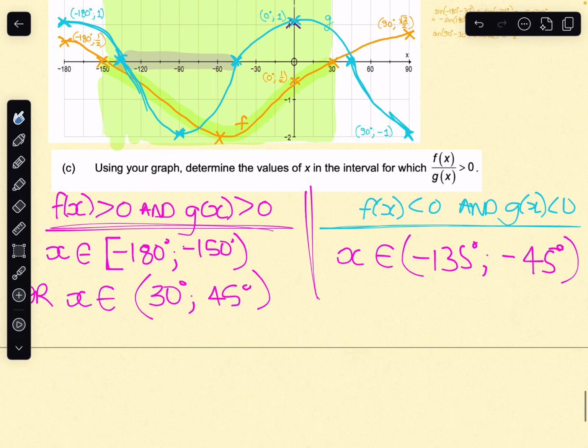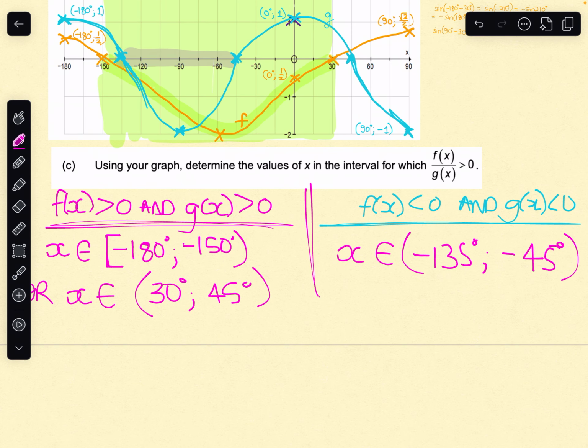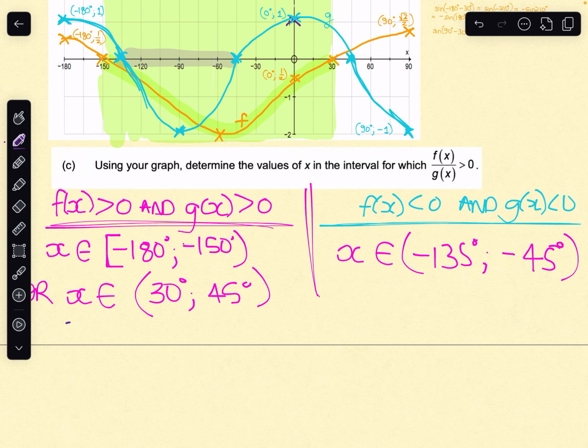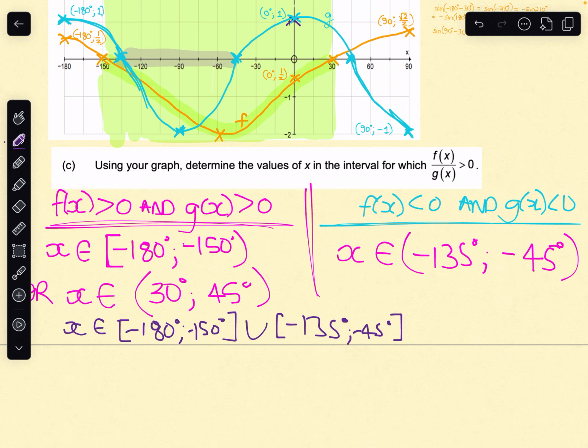They do write this in the nice fancy way, which I also would recommend. So you would say that x is an element of minus 180 to minus 150 union minus 135 to minus 45. Oh, I'm using the wrong brackets.